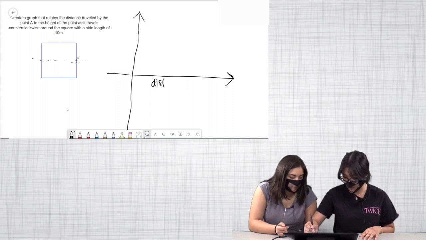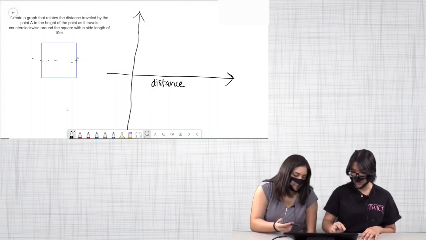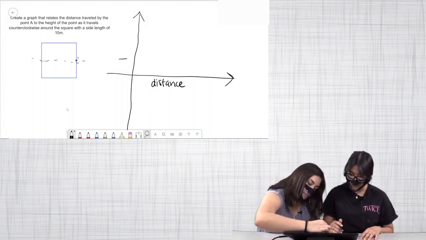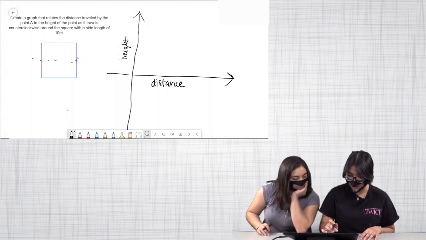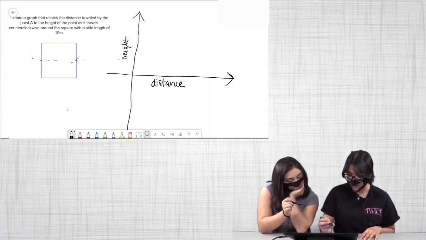This would be distance, and then y is height, counterclockwise around the square with a side length, so it's 10 all around.